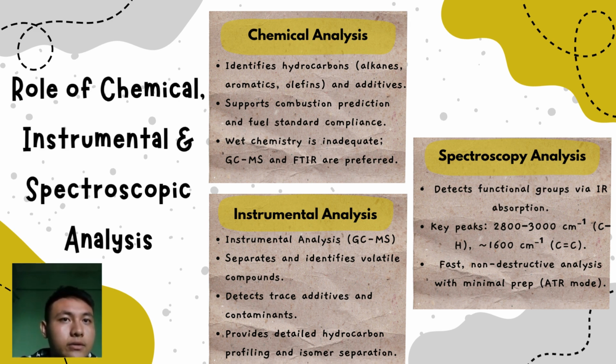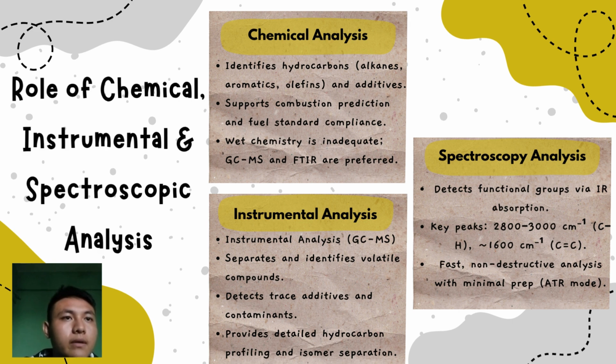Lastly, under spectroscopic analysis, FTIR offered a fast, non-destructive way to identify functional groups. For example, absorption in the 2800 to 3000 range indicates carbon-hydrogen bonding in alkanes, while around 1600 suggests aromatic rings.